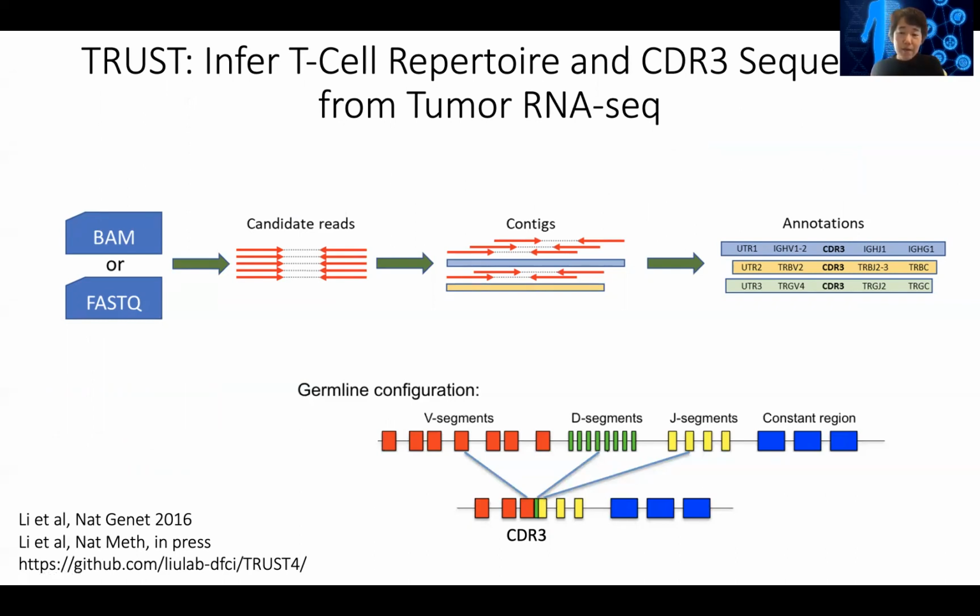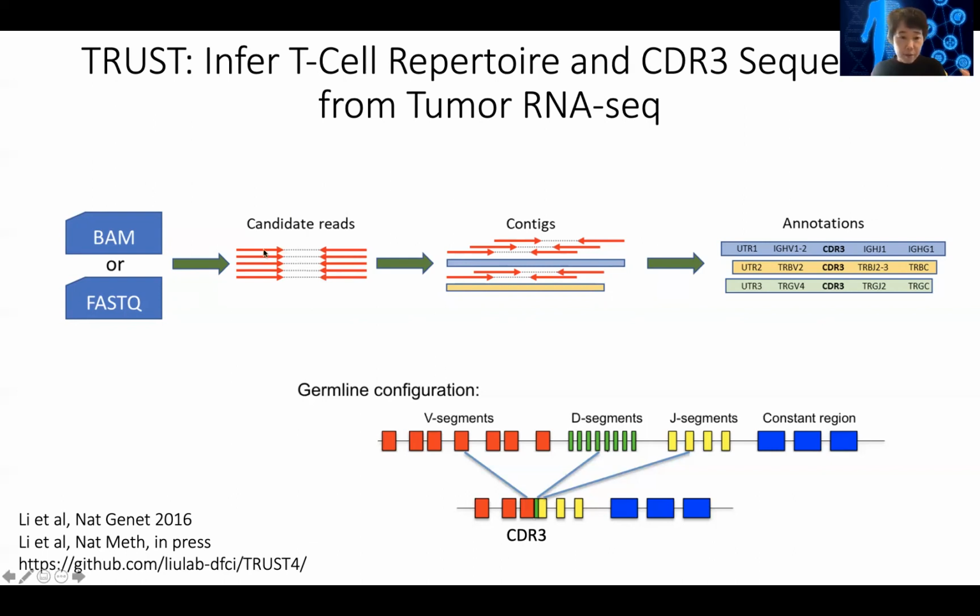And so if you have an unmappable read, but it has this type of amino acid sequence pattern on the V or J, we could consider it as a potential candidate read, even though in the middle or one end of the read is unmappable to the genome, because this unmappable region could be the junction sequence, which is hypervariable and not in the reference genome.